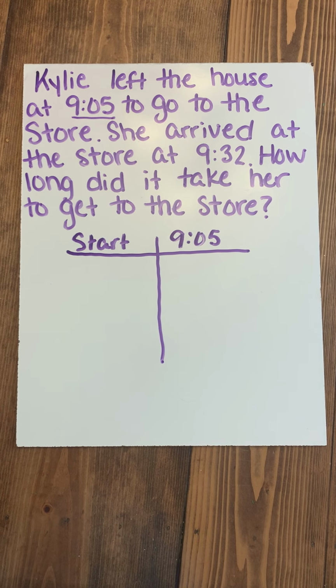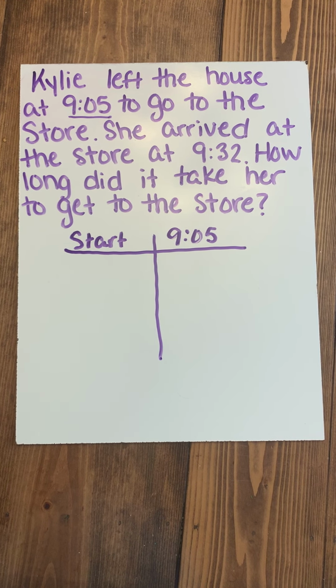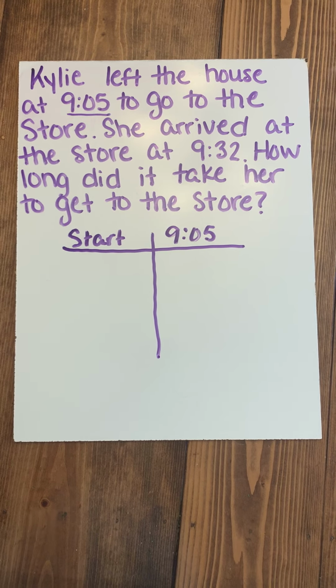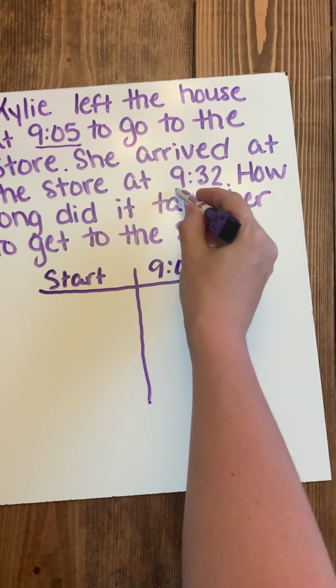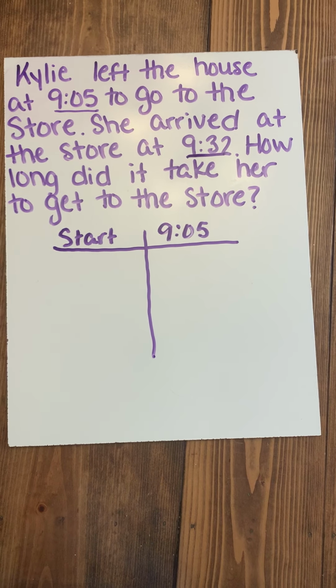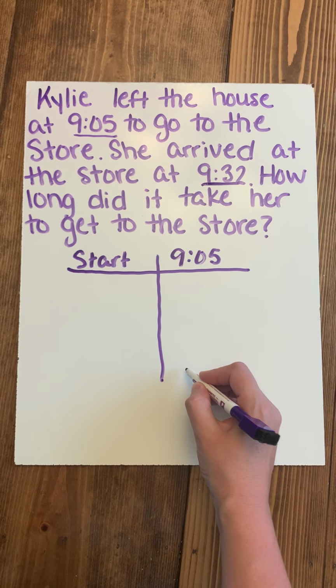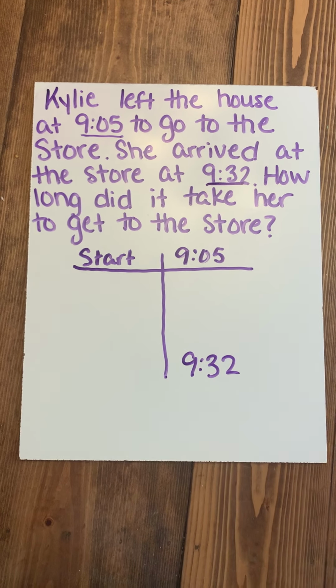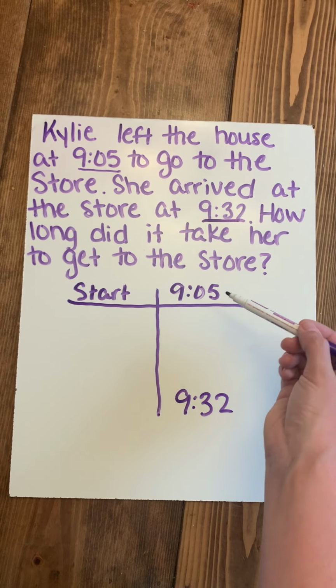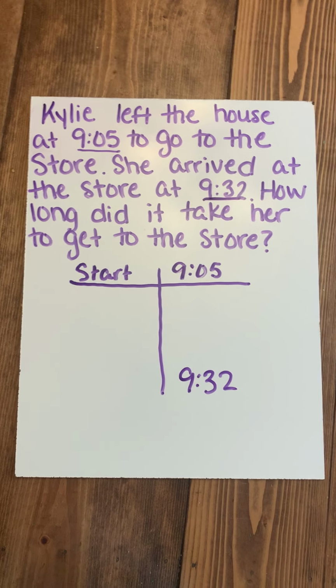They write the time that she got to the store instead of the amount of time that it takes, when we already know what time she got to the store. She got there at 9:32. It says it right here. So I'm going to write 9:32 at the bottom just so I have a quick glance and I can clearly see my start time is 9:05, my end time is 9:32.